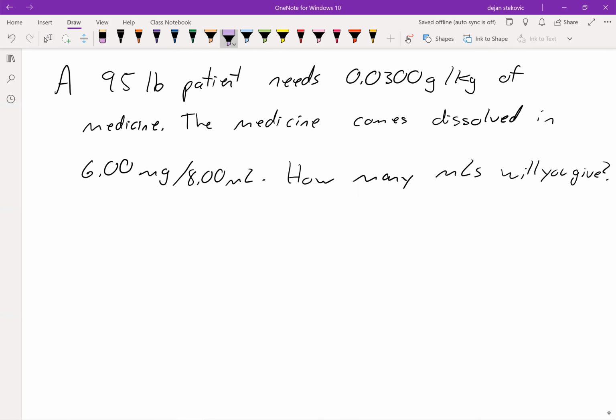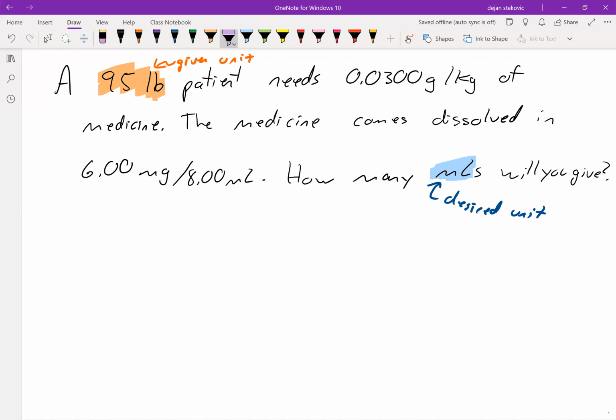So remember, we always want to think about what units we're given, what units are conversion units, and what are desired units. So if we think about the 95-pound patient, that's our given unit. It's the only unit that we're given that is not some sort of conversion unit. If we think about what we want at the end, that goes at the end of the sentence: how many milliliters will you give, right? So that's our desired unit. So we want to get from this 95-pound patient to how many milliliters they're going to get.